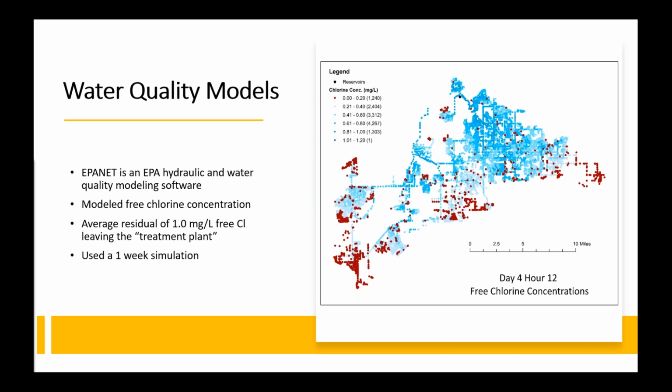As an example of what that looks like, the figure on this slide demonstrates chlorine concentrations throughout the network at a snapshot in time for the BWSN Battle of the Water Sensor Networks, for day 4 in the middle of the day. You can see in red the points that are below 0.2 milligrams per liter.